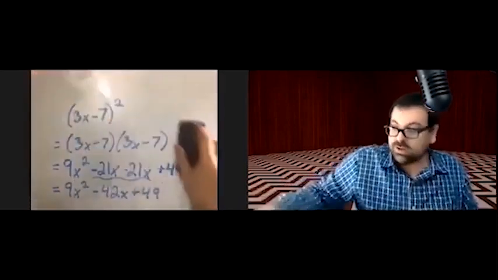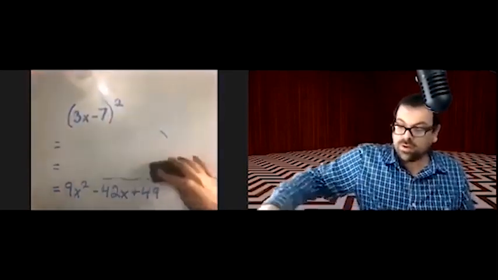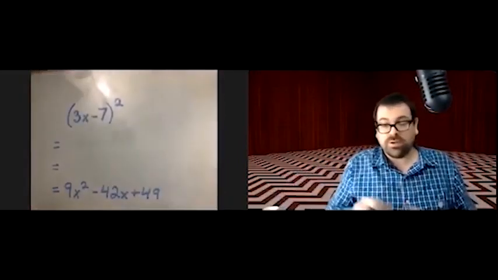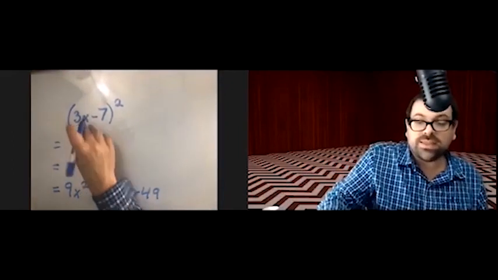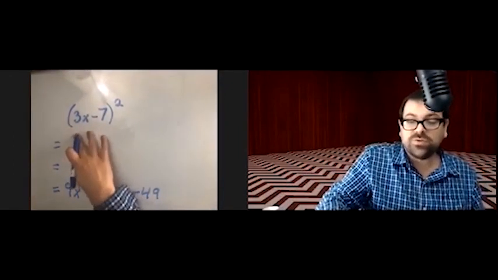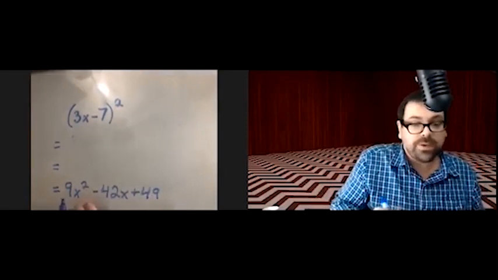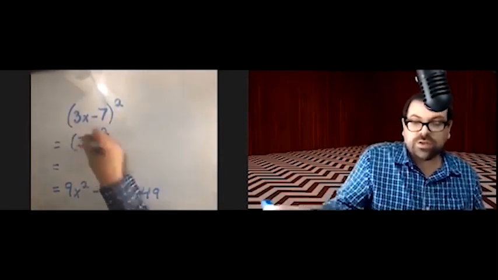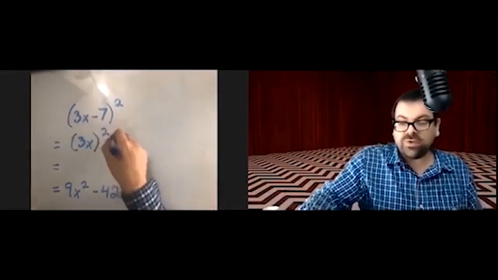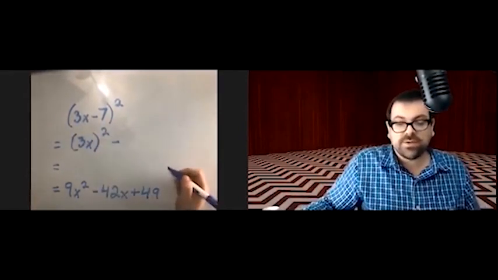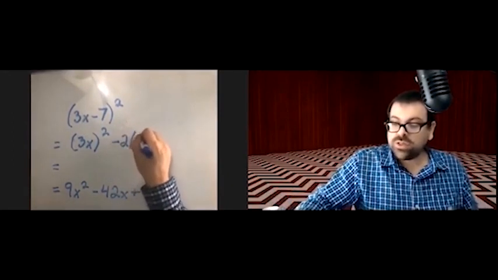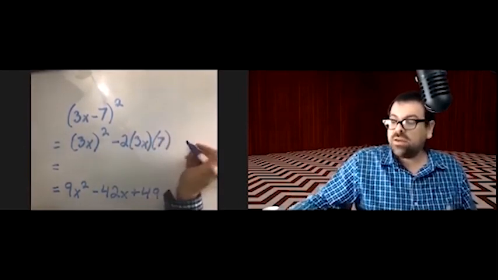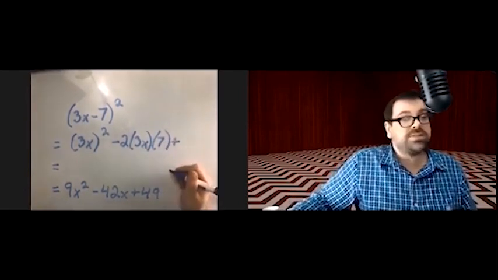Or you could use the special formula where we see that we're squaring a binomial, 2 terms squared. We square the first. We see if we have plus or minus. We go 2 times the first times the second. And then we go always plus.